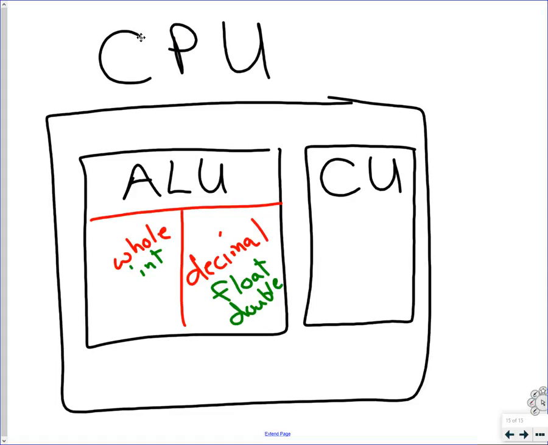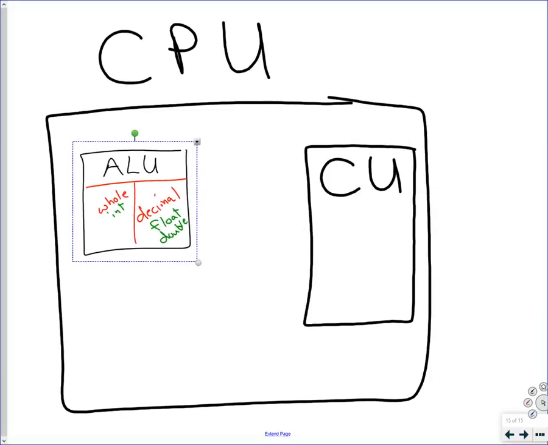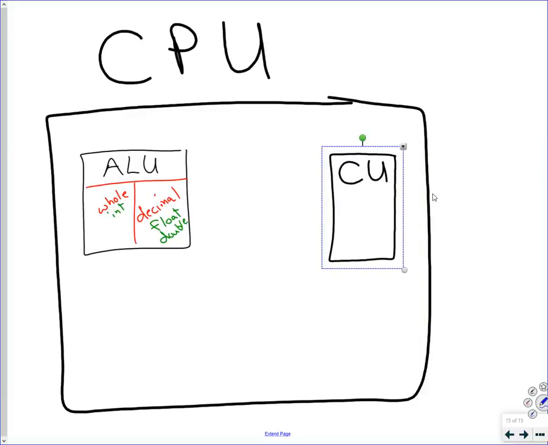So you're going to hear the word bus to describe the connection between them, right? So sure, this is the ALU. Group it together. And this is the CU. And when data flows between them, we call that connection a bus. Now, we're going to get more specific about that, but that's the case.